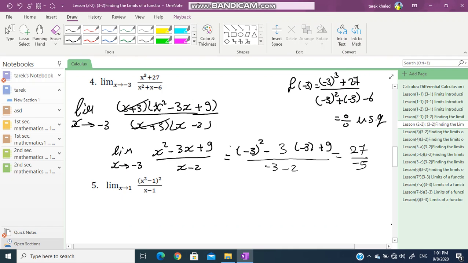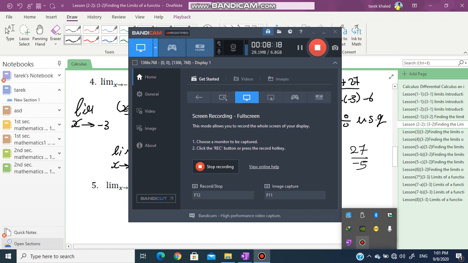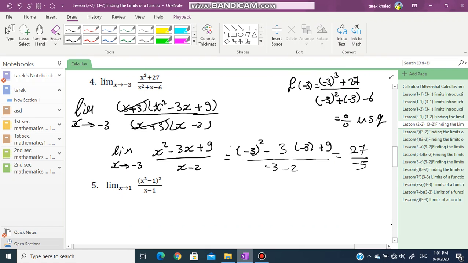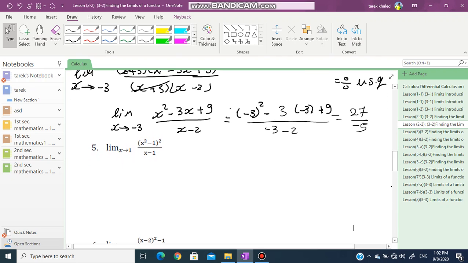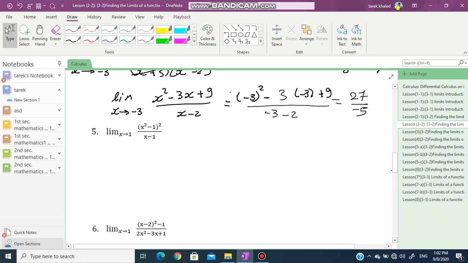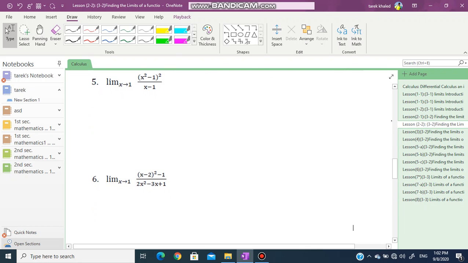The next one is limit x tends to 1 of (x^2 - 1)^2 over (x - 1), by substituting x equals 1.